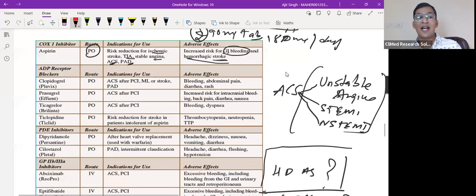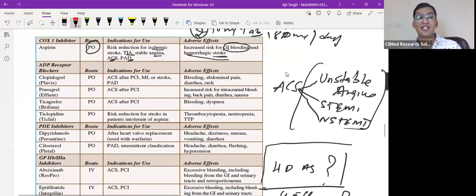And when I come to ADP receptor blockers like clopidogrel, these are all oral drugs, given in different indications. The major adverse effects are bleeding, abdominal pain, and diarrhea. And one more major adverse effect of aspirin I forgot, that is gastritis.